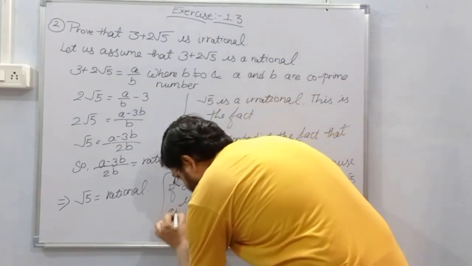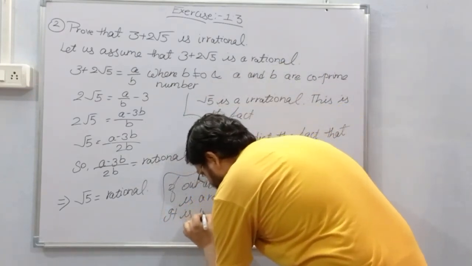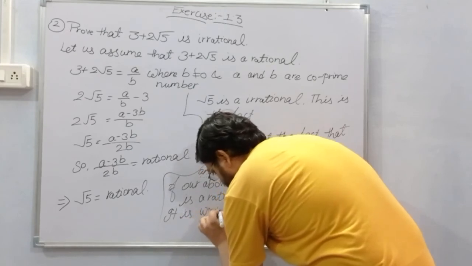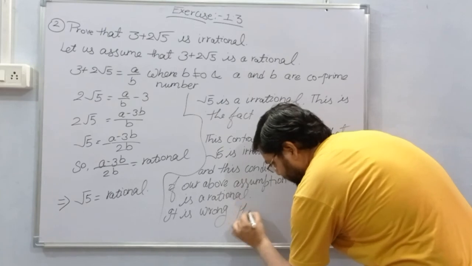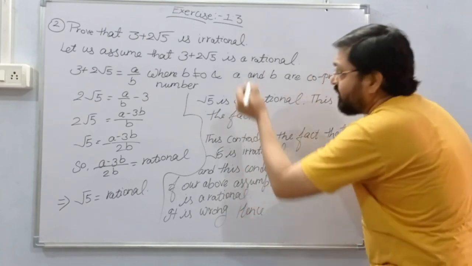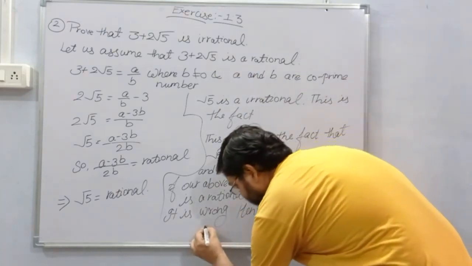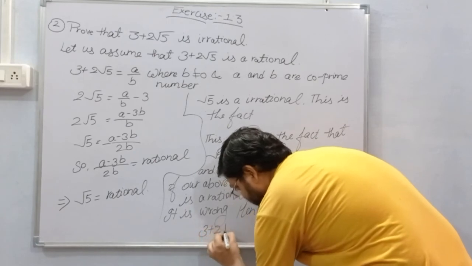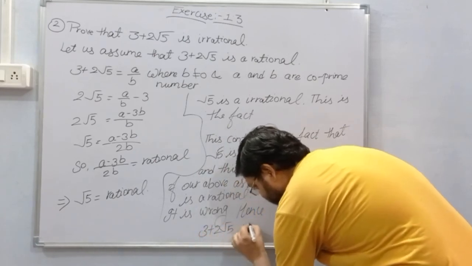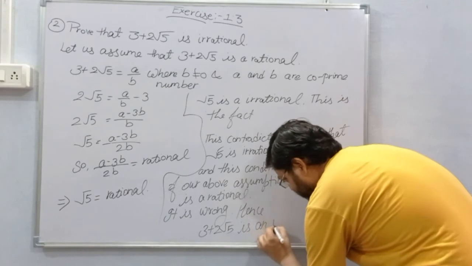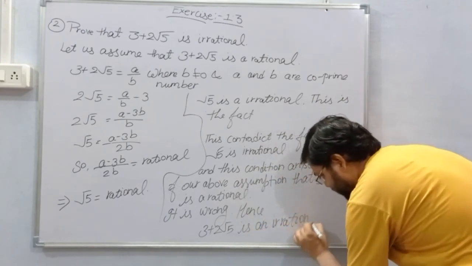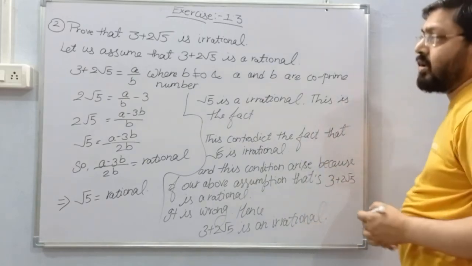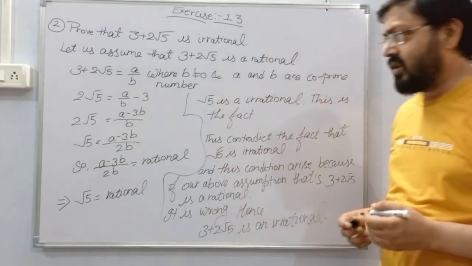It is wrong. Hence 3 plus 2 root 5 is an irrational. I hope you understand this question very much.